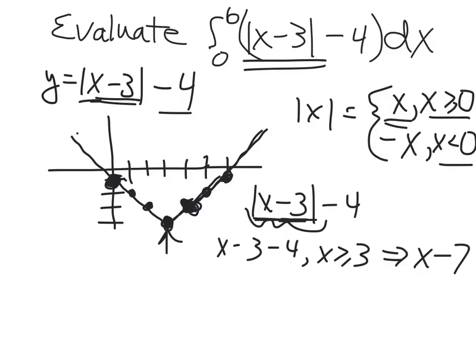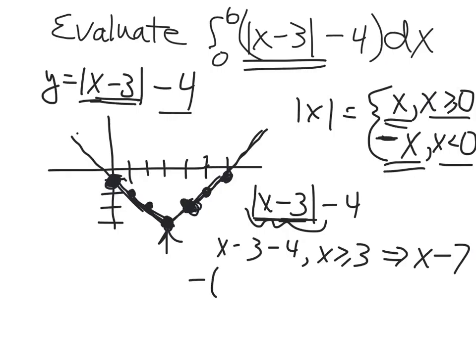What about the other part? What about for x being less than 3? What do we have to do here? Well, go back to our definition. For x being less than 3, the inside will end up being negative. So this is saying we take the opposite of the inside.